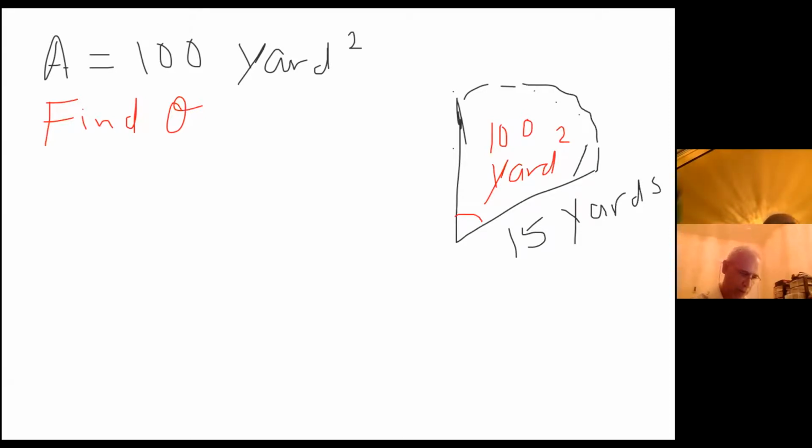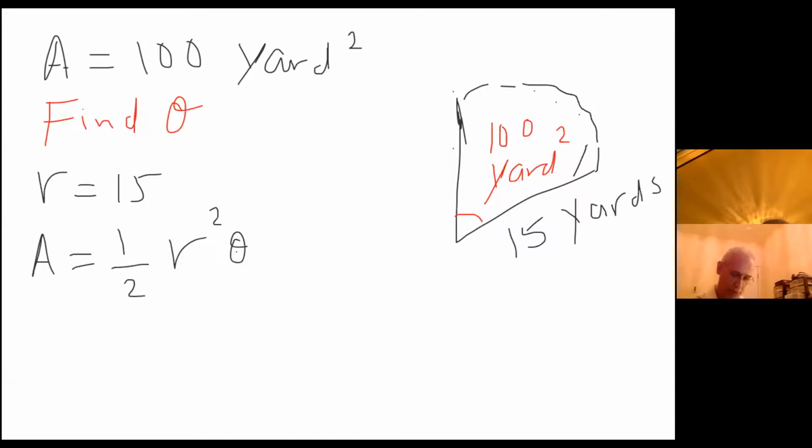Okay, so I know R equals 15. We know A equals 100 yards squared, and we know that area of sector is 1/2 R squared theta. So now I'm going to say 100 equals 1/2 times 15 to the power of 2 times theta.